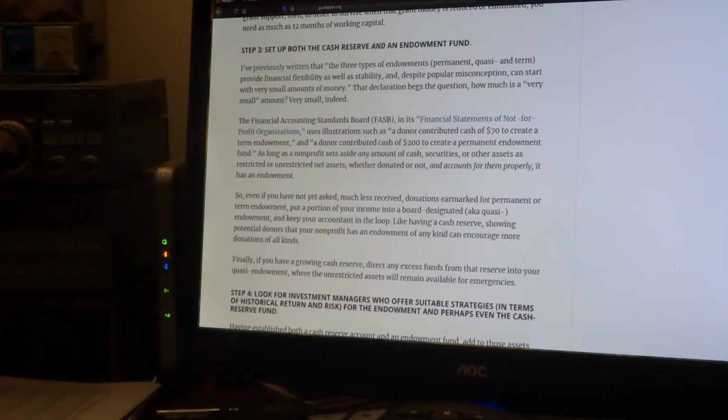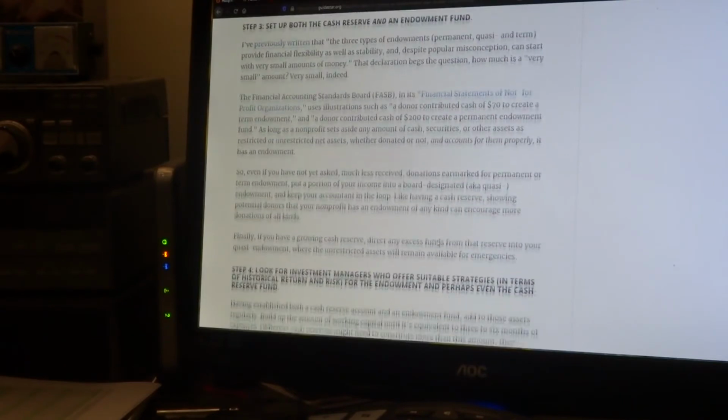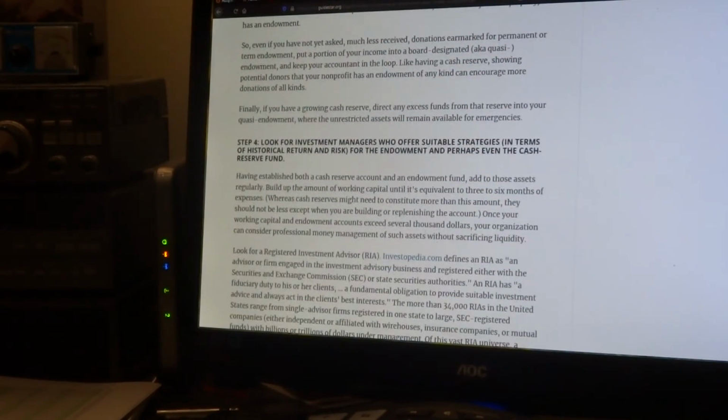Finally, if you have a growing cash reserve, which we don't, of course, direct any excess funds from that reserve into your quasi-endowment where the unrestricted assets will remain available for emergencies. What they mean by unrestricted or restricted is the donor can designate whether or not the funds in the endowment are restricted or unrestricted.